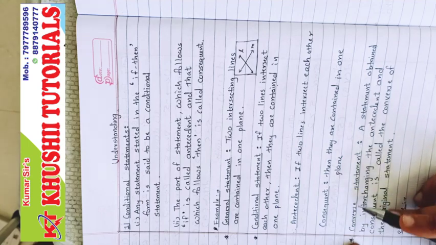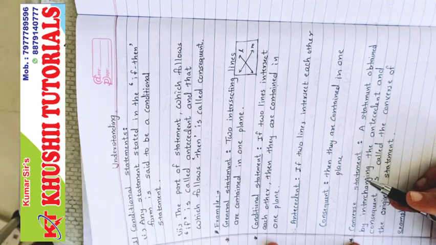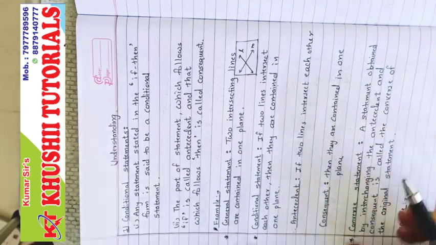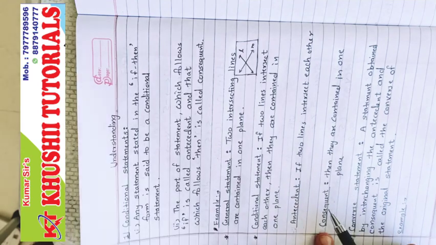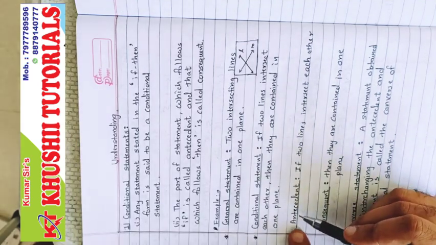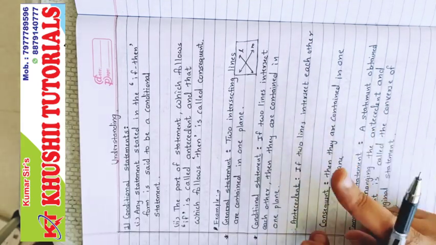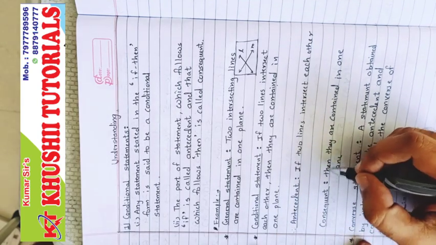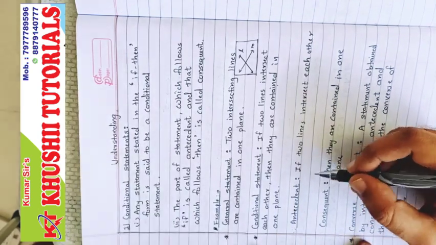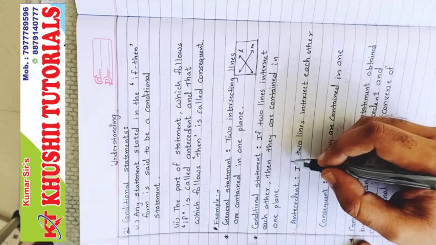Now the converse of a statement. Converse is a new term, but it is very easy. Just reverse the consequent and antecedent. Instead of then, if will come here, and instead of if, then will come.